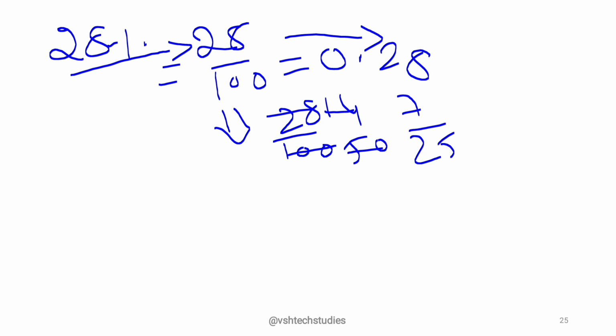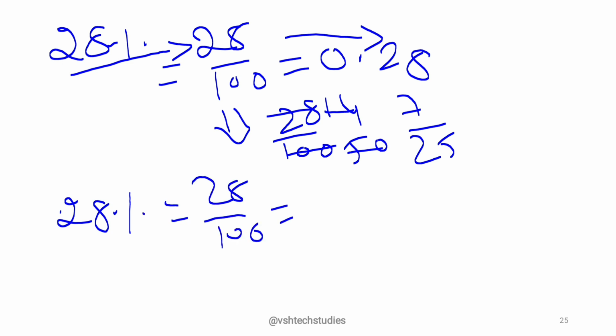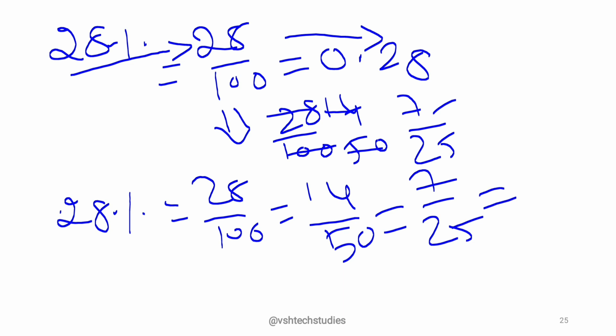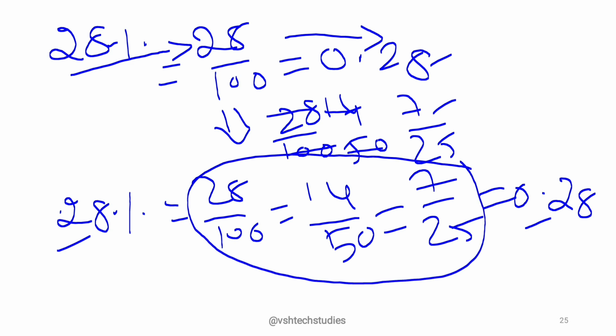So 7 by 25. That is why 28% is equal to 28 upon 100, or 14 by 50, or 7 by 25, and in decimal 0.28. All are one and the same.